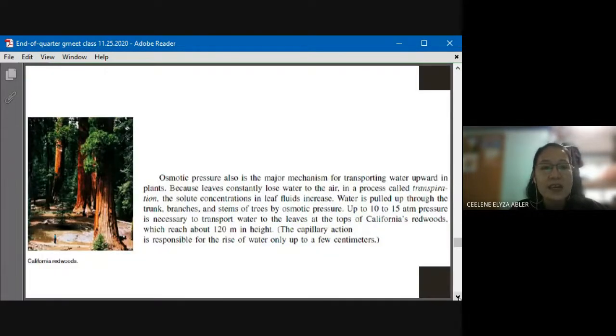Okay? So osmotic pressure naman class, ginagamit yan siya ng ating mga plants like very tall trees. They use osmotic pressure with the help of capillary action and transpiration. So this is actually used by them. So para to replace yung parang transpire na fluids out of the plant, halimbawa, mainit ang panahon, so transpiration is at work.